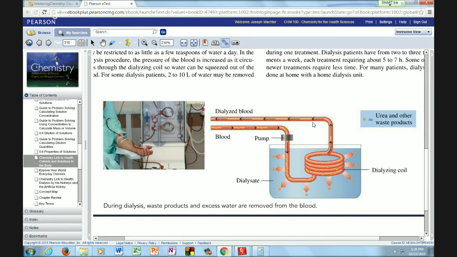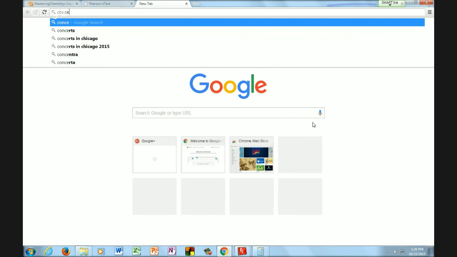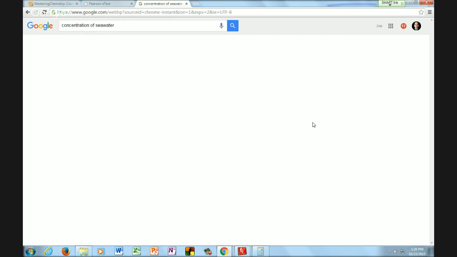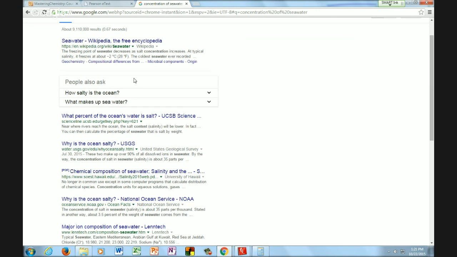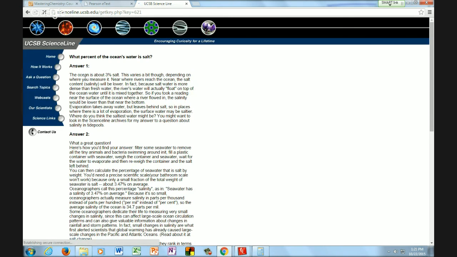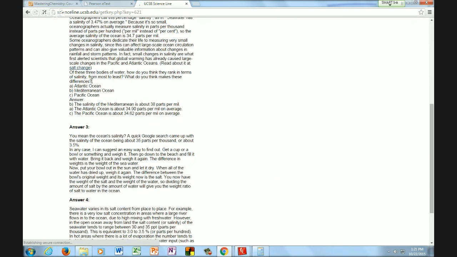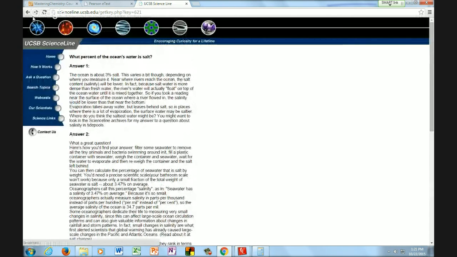Yeah, so it's exactly this idea that we looked up. Well, let's look it up. Let's find the concentrations of seawater. It's about 3%.